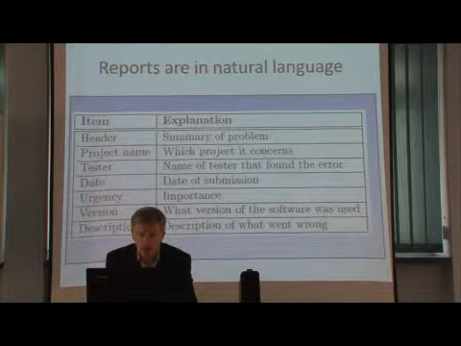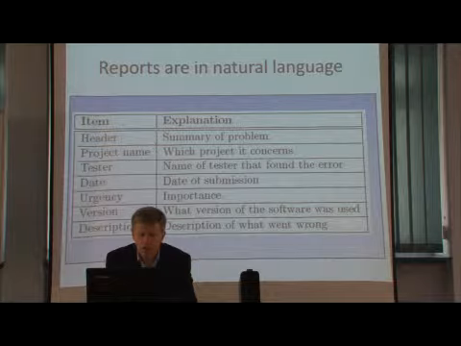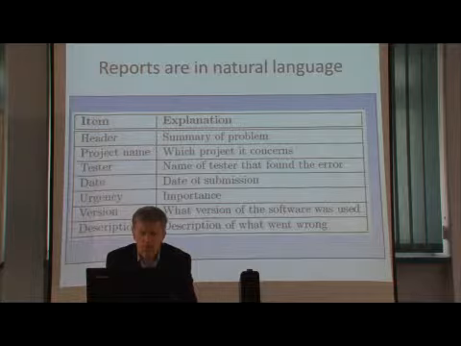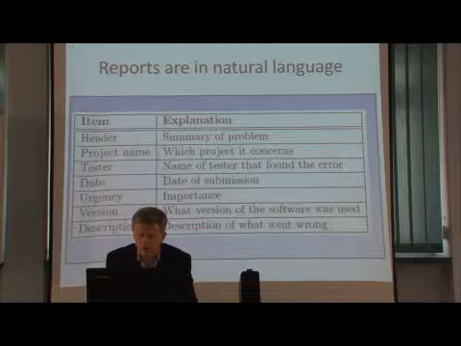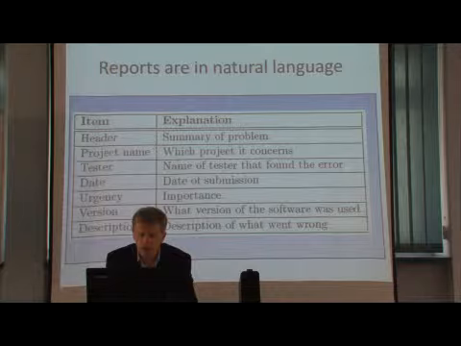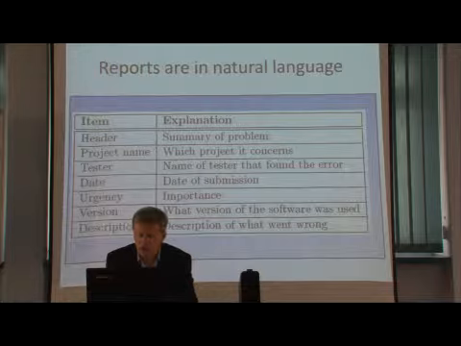Such a report has a header which is a summary of a problem, something about the project, who was doing the testing, date, how important it is, the version of the software that's used, and the description of what went wrong.